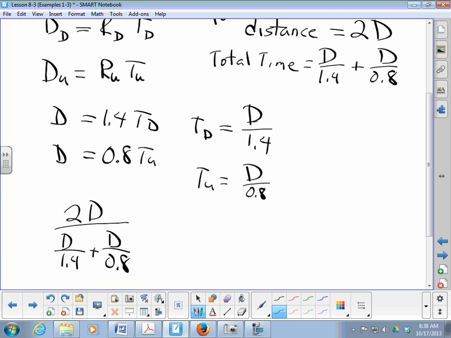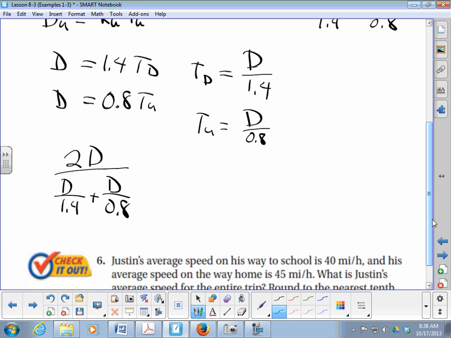So we need to get a common denominator. What's our common denominator going to be in the bottom? The product of them. What's the product of 1.4 and 0.8? So we get 2D divided by 0.8D plus 1.4D over what?